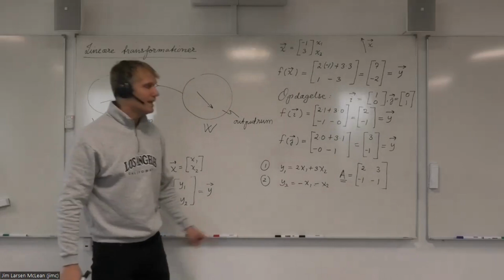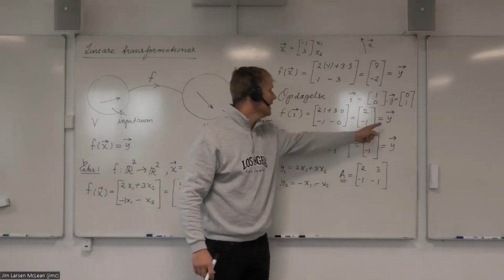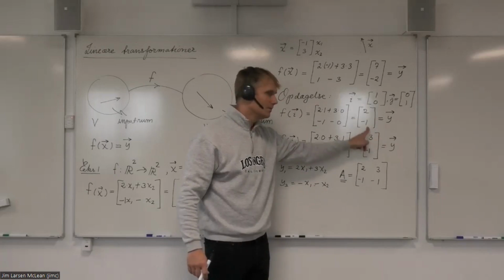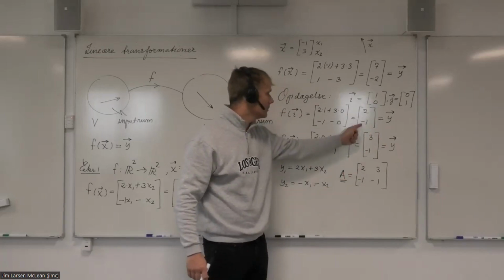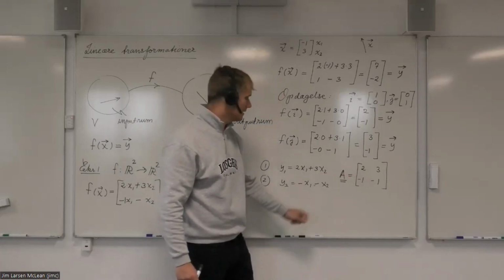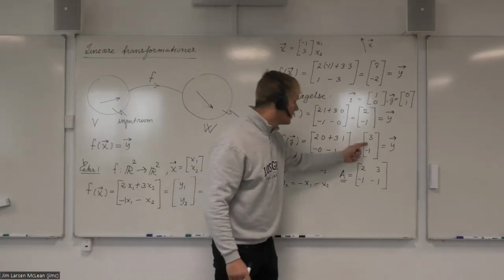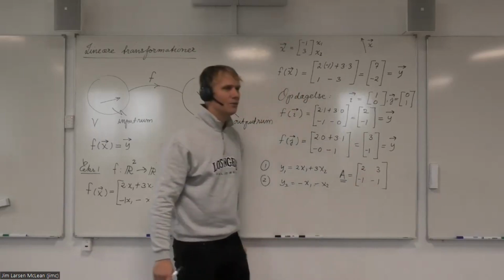And take note of the first column. What is that? That is the image of i. That column is exactly the same as that column. So the first column in that coefficient matrix is the image of the unit vector i. And that one there is the image of the unit vector j.